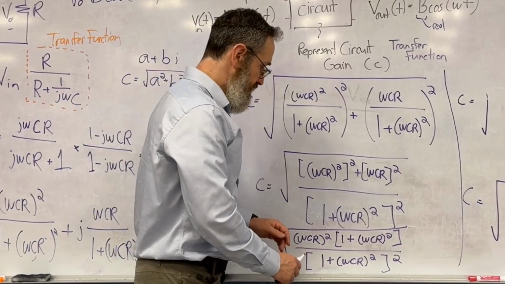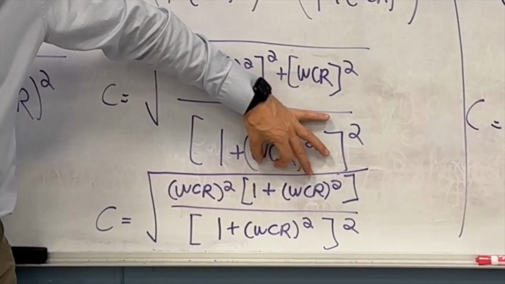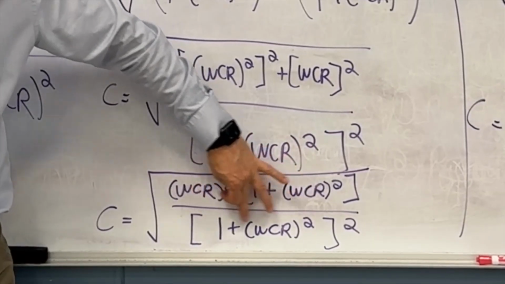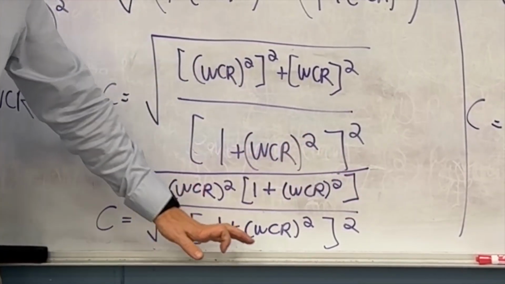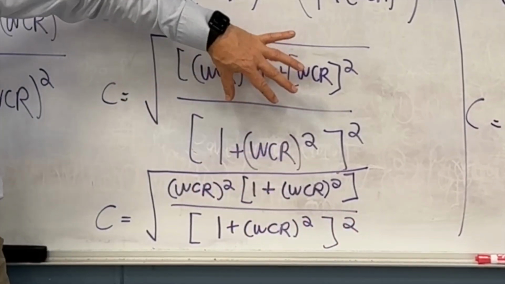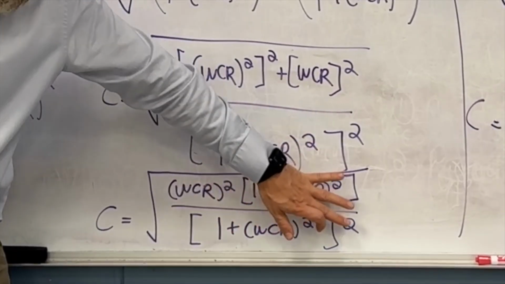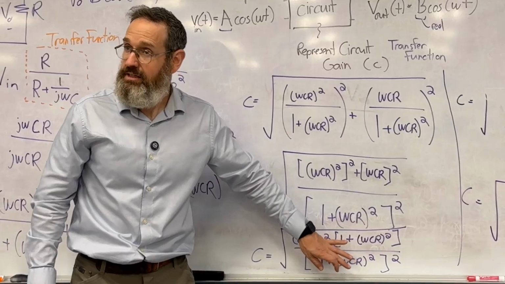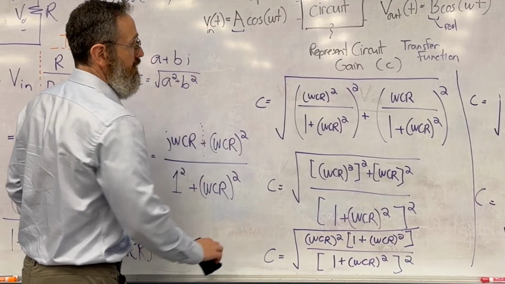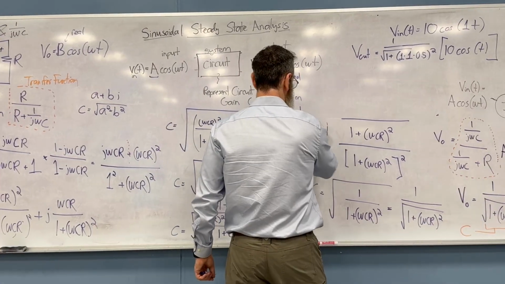You will now notice that I have a term here, 1 plus WCR squared, and I have a term on the bottom. I know it's written a little sloppily, but it's like having A over A squared. Well, that's like 1 over A, or apple over apple squared. And that's why I did it. Sorry if it's a little messy, but then we will go here.